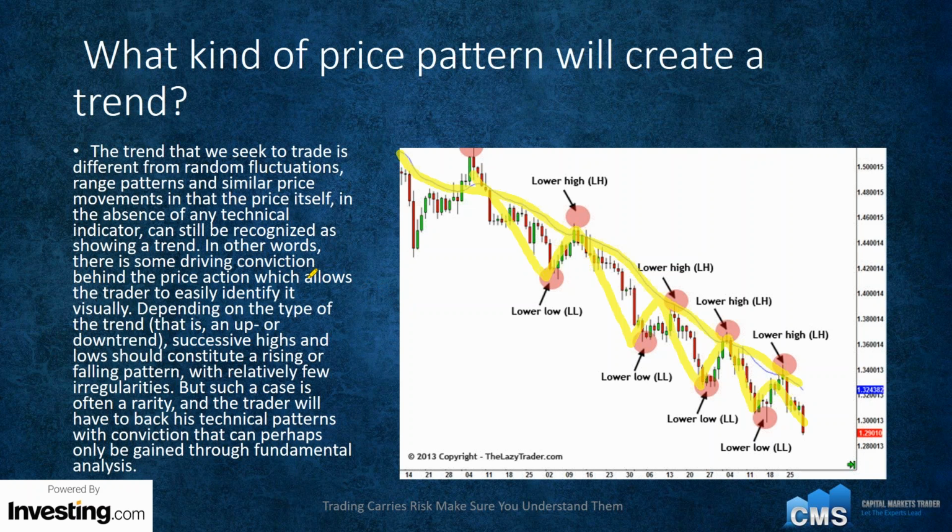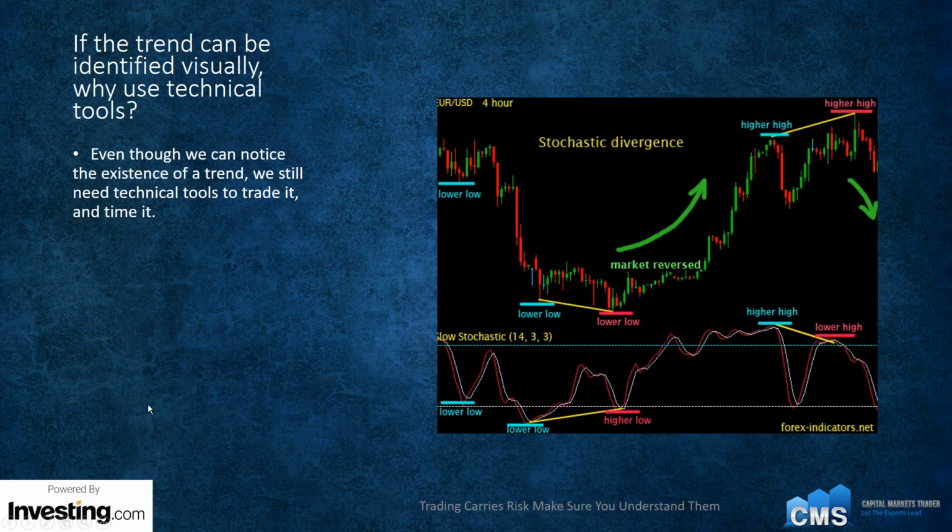One of the most common ways to use trend trading strategies is with moving averages. Okay. So if the trend can be identified visually, why use technical tools? Even though we can notice the existence of a trend, we still need technical tools to trade it for time.